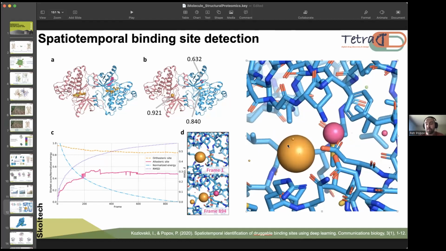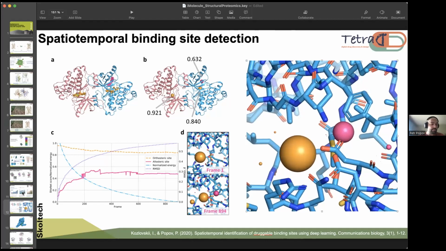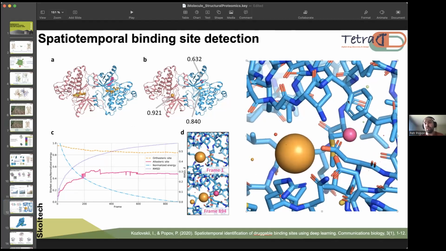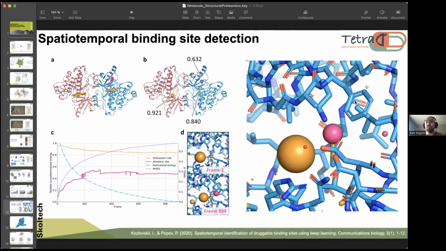The sphere corresponds to the prediction, and the radius of the sphere corresponds to the score of the prediction. Let me start it again. In the very beginning, we do not see the pink sphere here, or the radius is too small. But once we model this unbound to bound transition, we see that the confidence is increasing while the structure is slightly modified towards the bound state with respect to the allosteric loop.